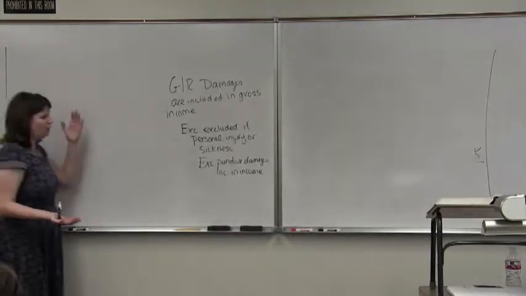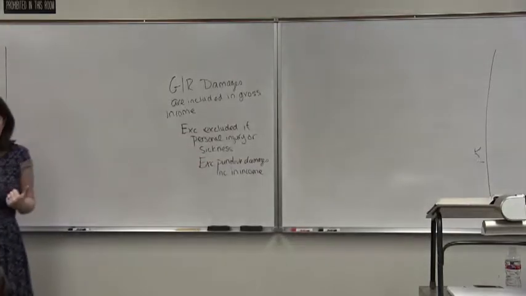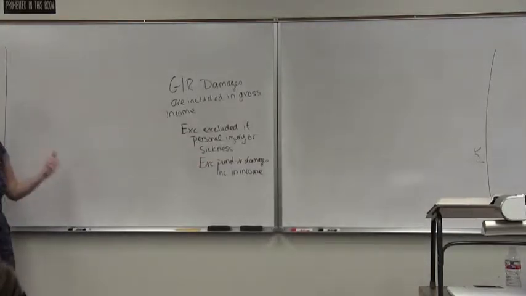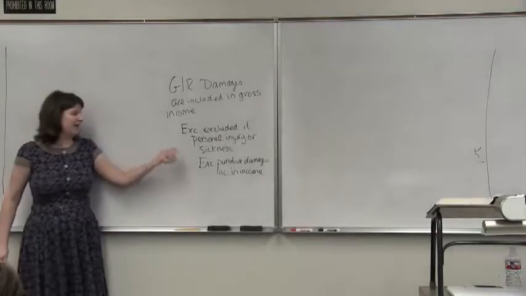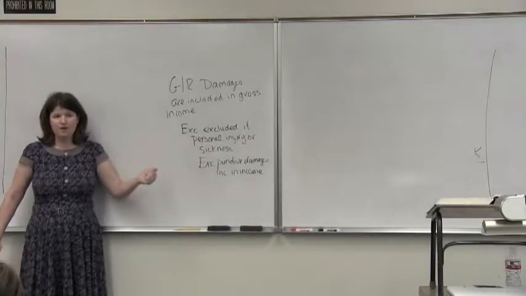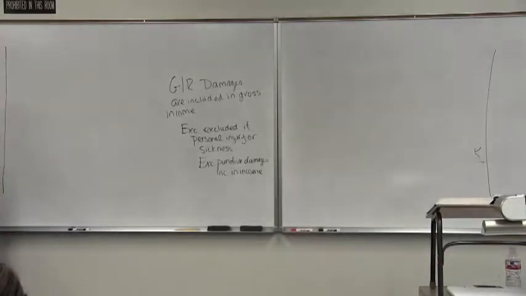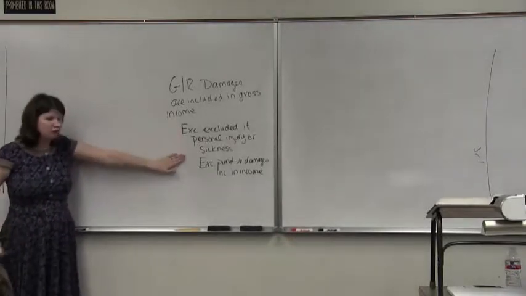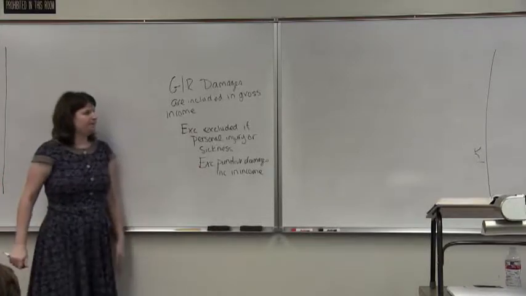However, if the car running into your house hits you and causes you damage, and you break a leg, and you have to go to the hospital, and you get paid for your medical expenses, and you get paid because you have to miss 2 weeks from work, that is excluded from income. Okay? So the key thing to look for is is there personal injury, an injury to a person, not to a piece of property, but to a person. Okay? If a person is injured, then those damages are excluded unless it is punitive damages. Okay?